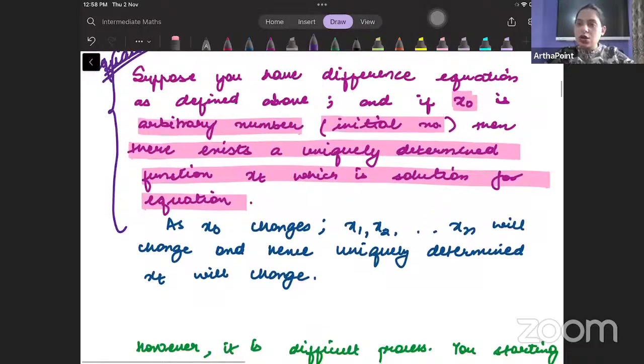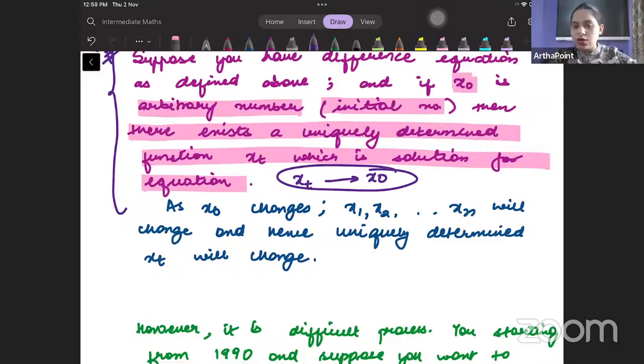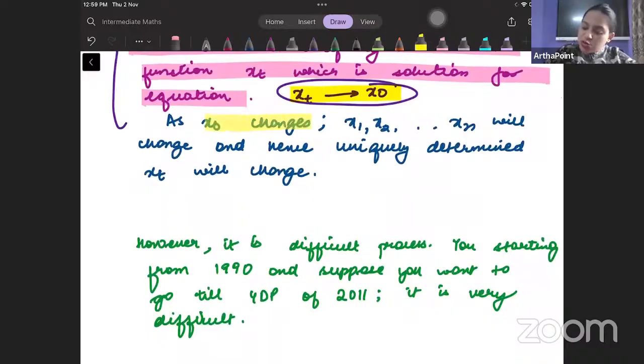And this unique equation should be able to link xt to x naught, not t minus 1. That is a very long process to do. I don't want to do that. I want to link xt to x naught. So as this x naught changes, then x1, x2 till xn will automatically change.